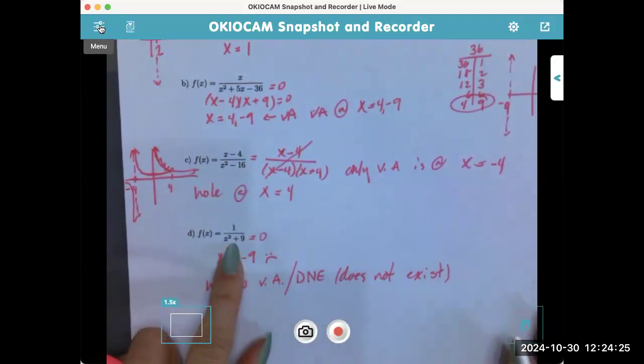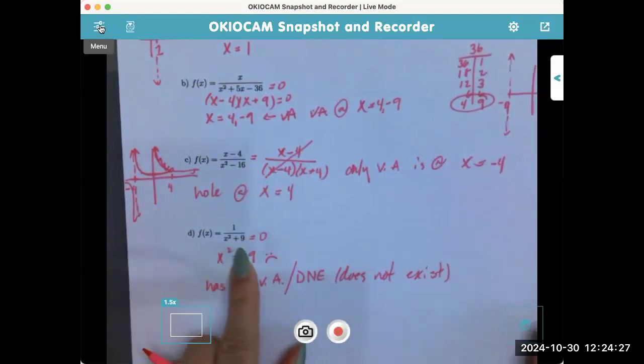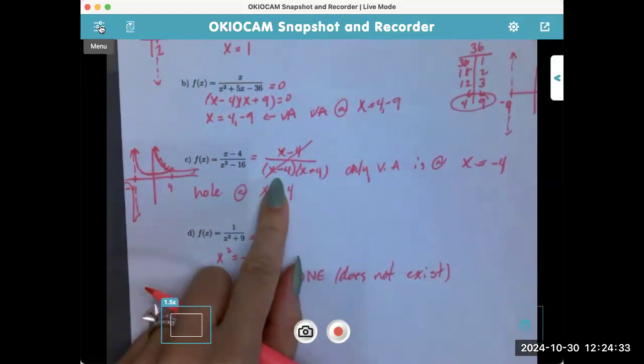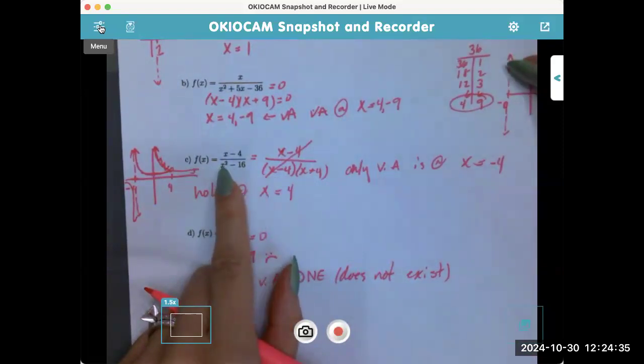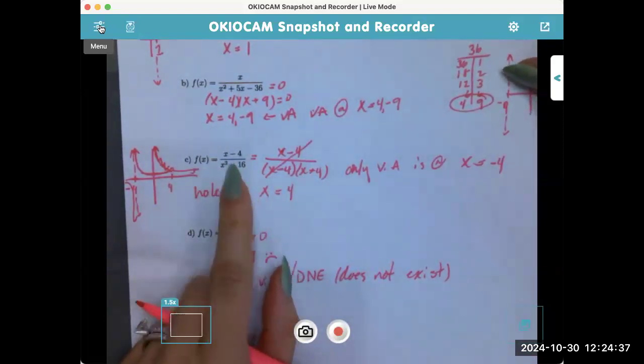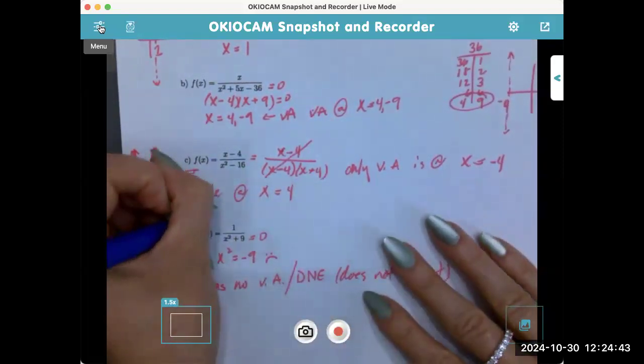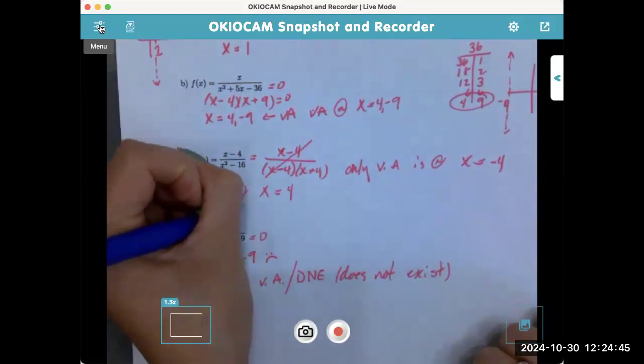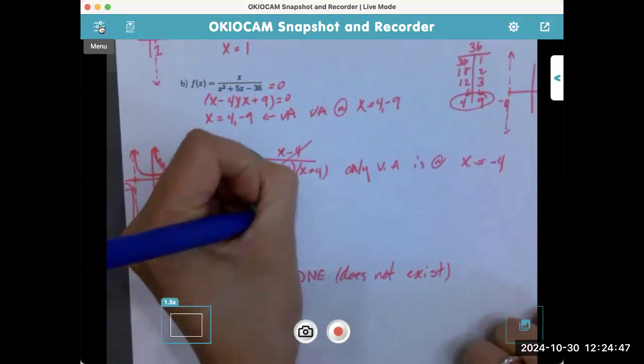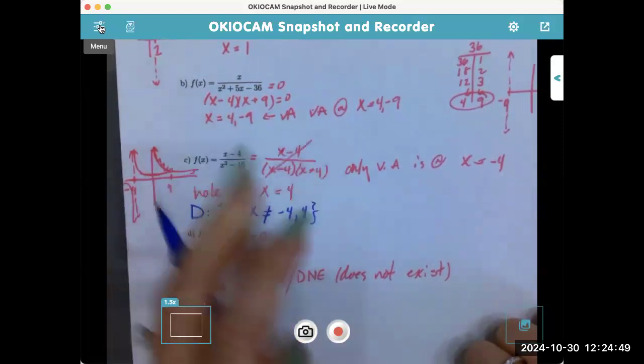Perfect. This one will get you. This one I like to put on tests because if you're paying attention, it's super easy. Just remember, vertical asymptotes come from where the equation is in lowest terms. The domain just comes from the original equation. So the domain for this equation would be all values of x such that x does not equal negative or positive 4.